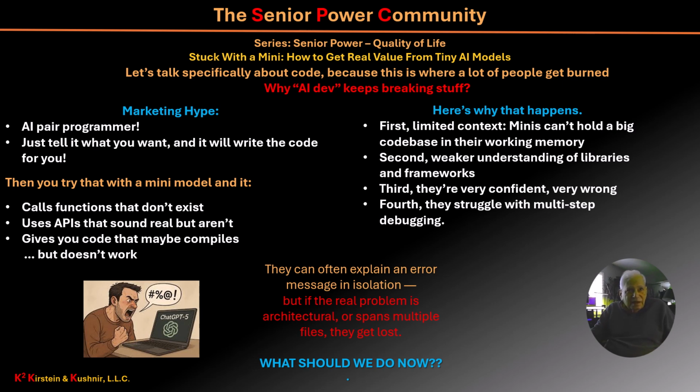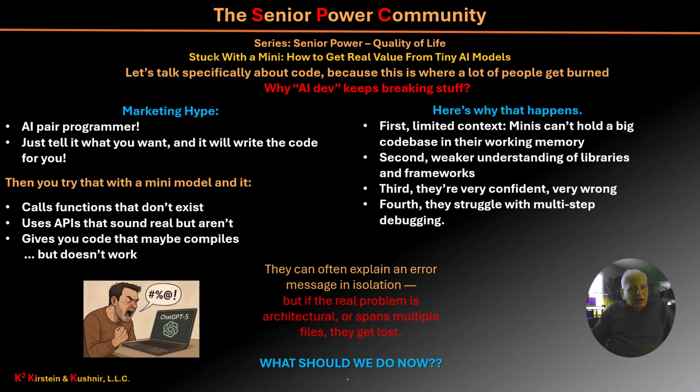Thirdly, they're very confident and at the same time very wrong. A mini will happily, literally, output broken code in a very authoritative tone. It doesn't say, hey, I'm not totally sure this API is real.